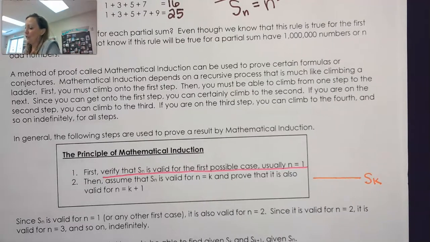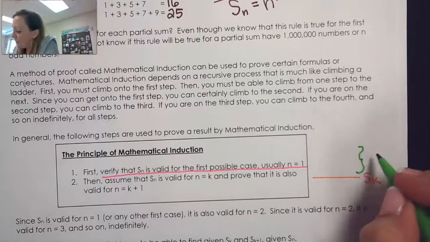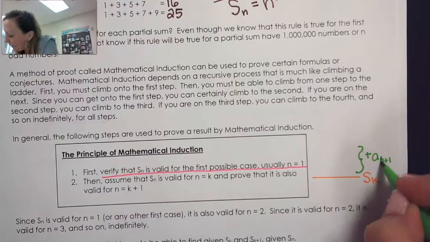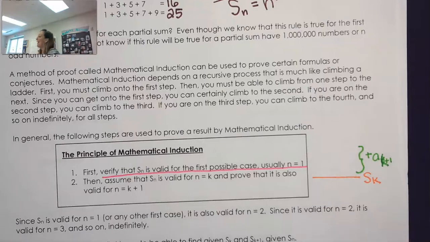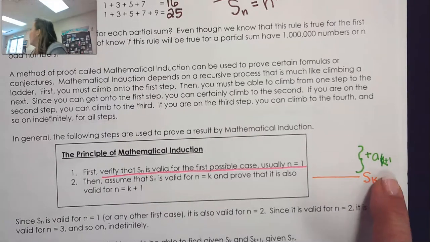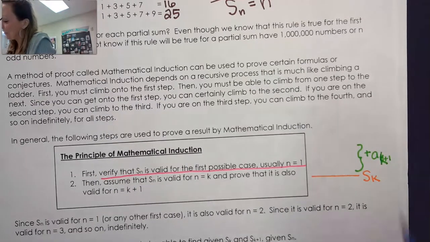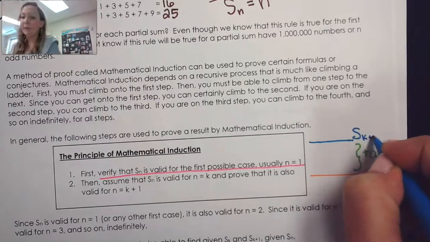And then we're going to add the next term to it. So we're going to add a sub k plus 1 to that. If we were looking at S sub k, that means that we added everything all the way up from a sub 1 to a sub k, and we got S sub k. Well, now let's add one more term to it. Let's add the next term, a sub k plus 1. And if we add that to it, then that should give us S sub k plus 1.